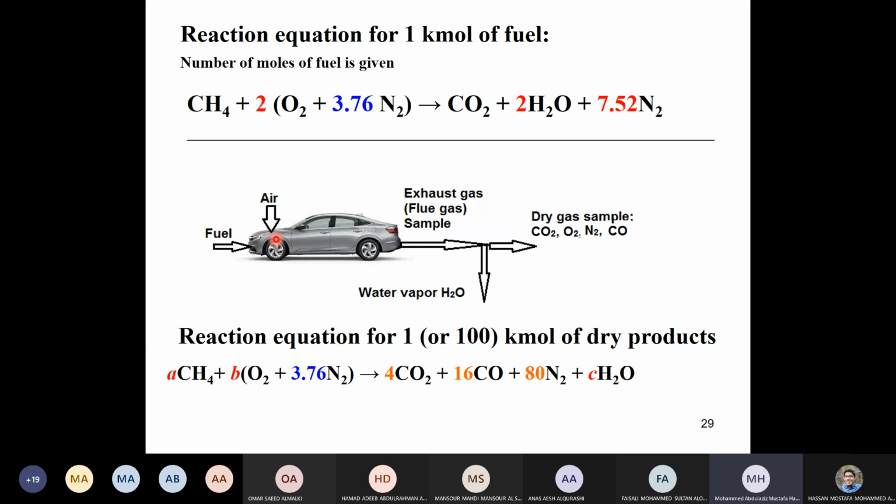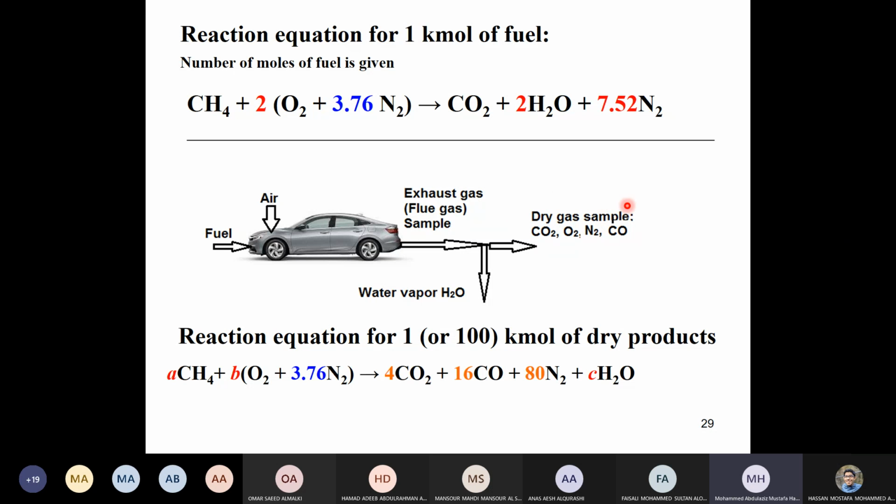Then we do not measure the air, as I mentioned. In any combustion process, we do not measure the air. What they do, if one of you remembers what happens in this car, is take a sample here, remove the water vapor, and therefore the products here will be CO2, oxygen, nitrogen, and carbon monoxide.